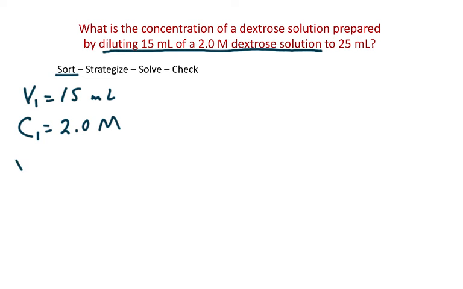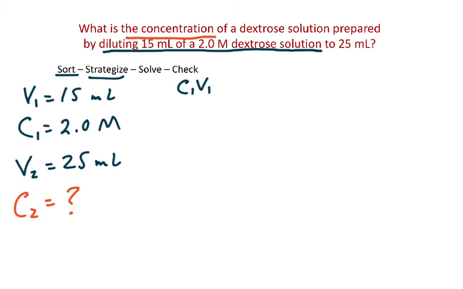We want to dilute it to 25 milliliters. And it says, what is the concentration? So the unknown would be the new concentration of the diluted solution. And so now we can strategize. That would be, sort out our variables and make an equation to solve for what we want.